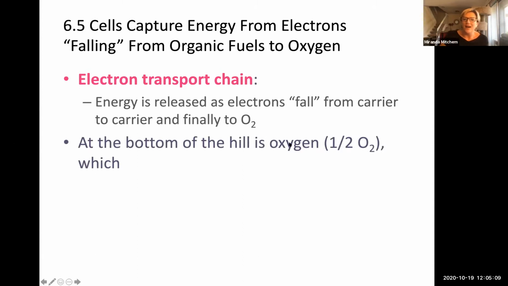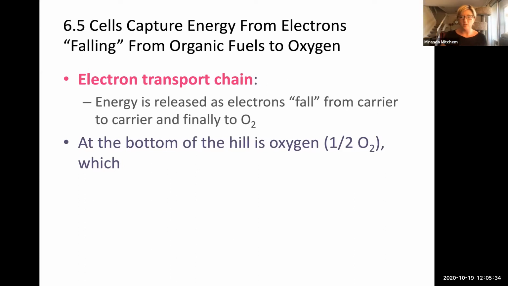Sitting at the very bottom of the hill is half of molecular oxygen. And this might sound weird. Why didn't I just call it oxygen? Why didn't I just call it molecular oxygen? Well, you can't make water with two oxygens. Water is H2O.